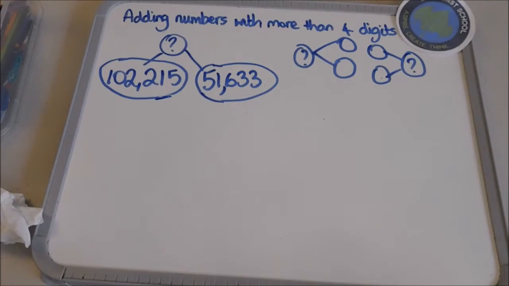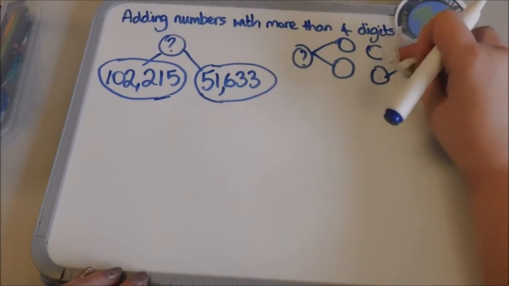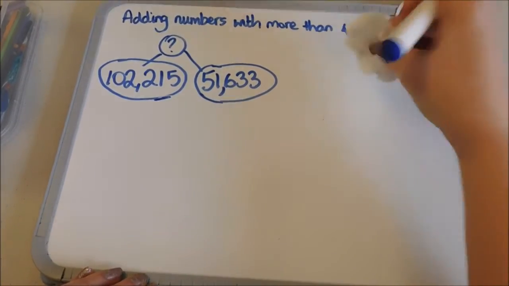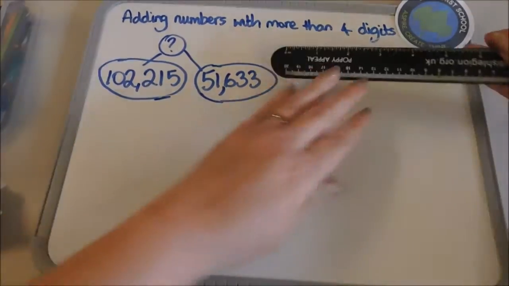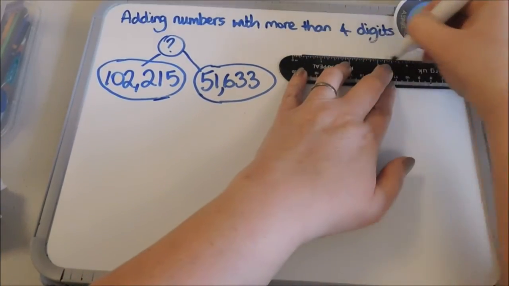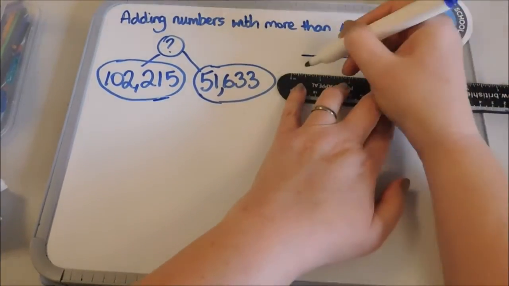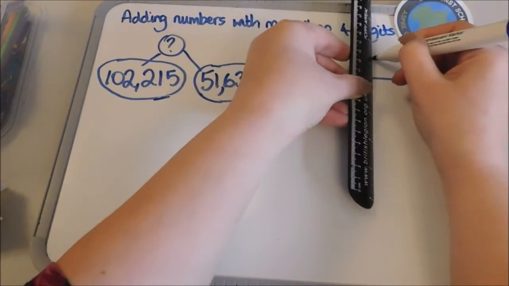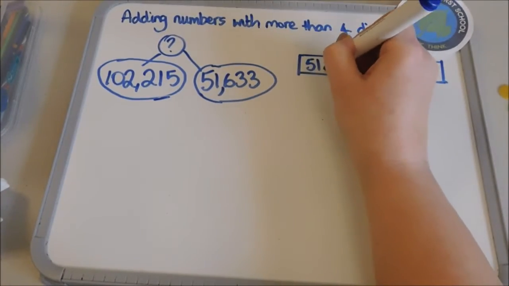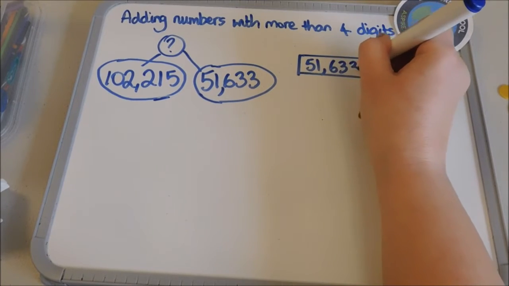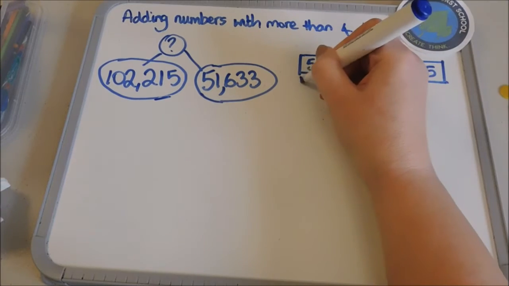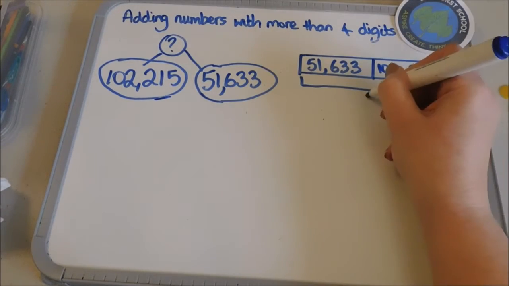The other way that they might have this question displayed to them is in a bar model. So you might have one number on one side, the other number on the other, and then a bracket with a question mark.